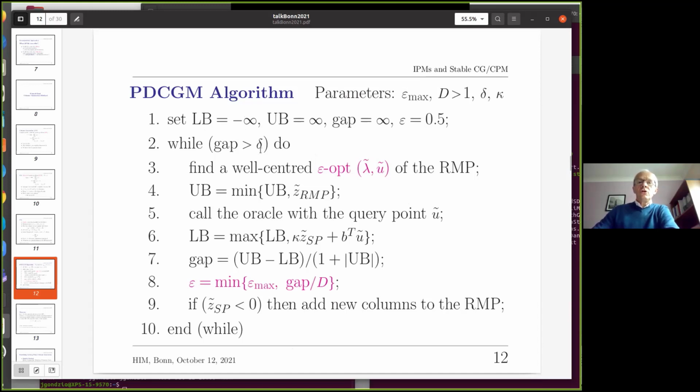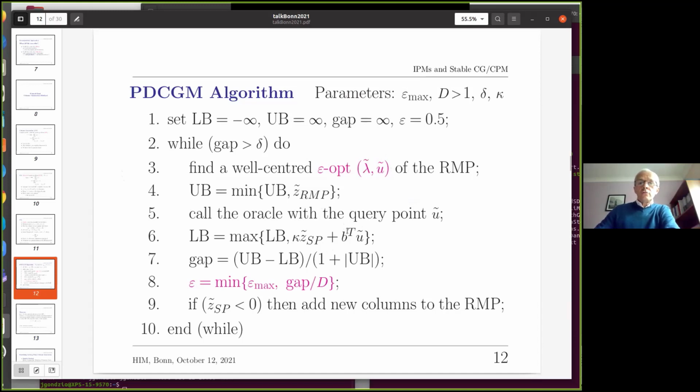If it is not yet there, then instead of going for the optimal solution of RMP, we will find some well-centered epsilon optimal solution. And already from this point, we can update the upper bound, and from this point U tilde, call the oracle and verify whether there exist reduced costs which are negative.